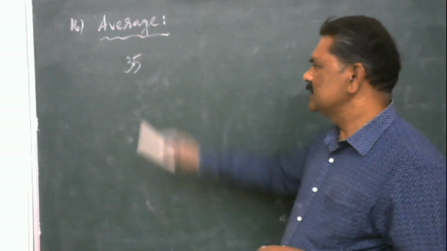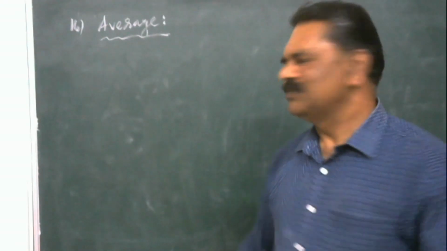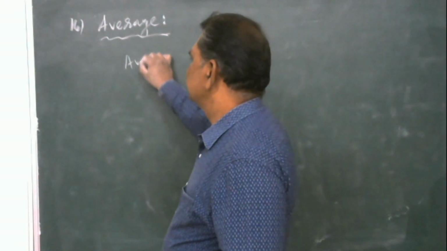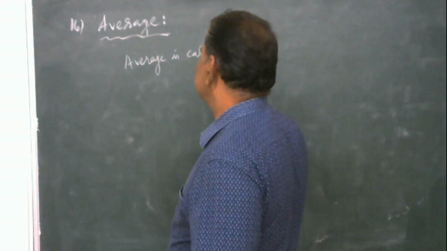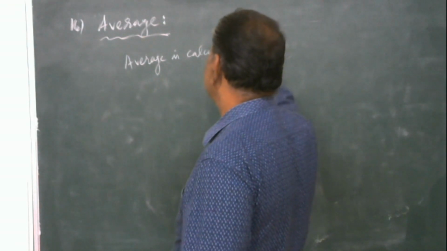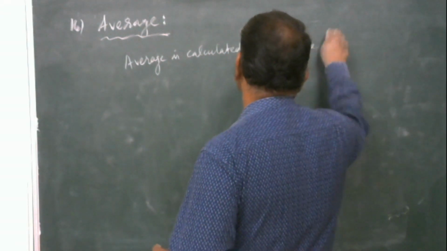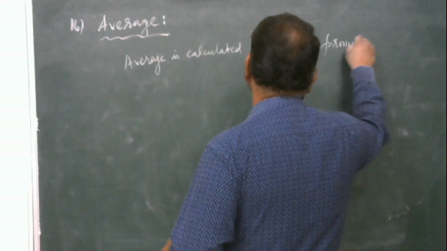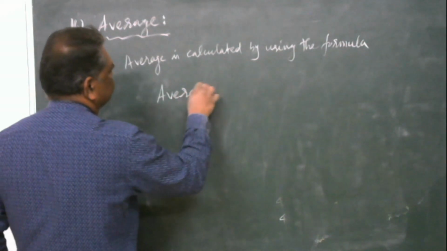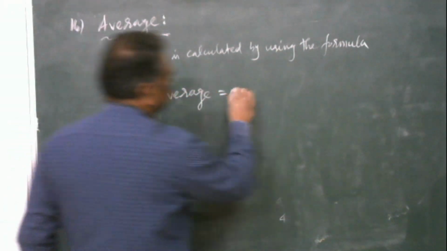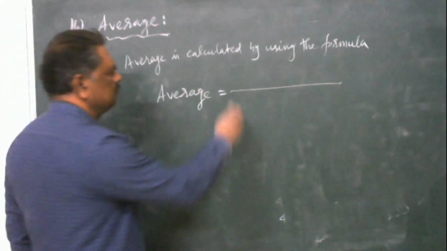So what is average? Average is calculated by using a very simple formula. Average is equal to the sum of the data.